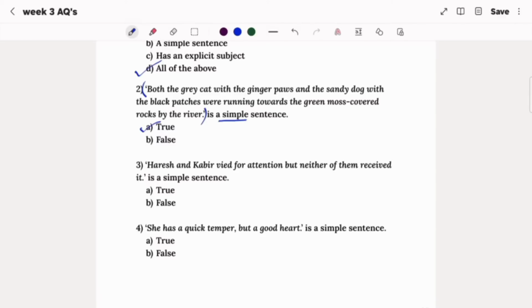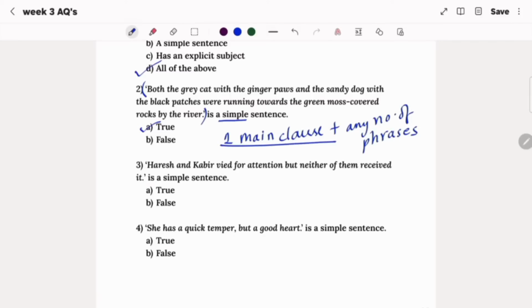It must have one main clause, and it can have any number of phrases to it. It should have one main clause, that is one independent clause, and the other important point is it should have one finite verb.